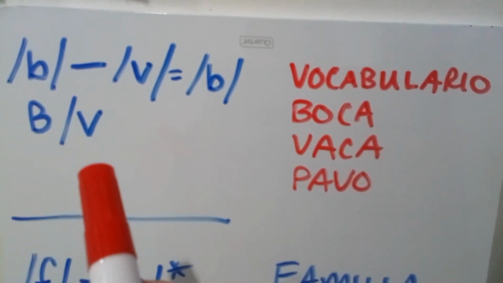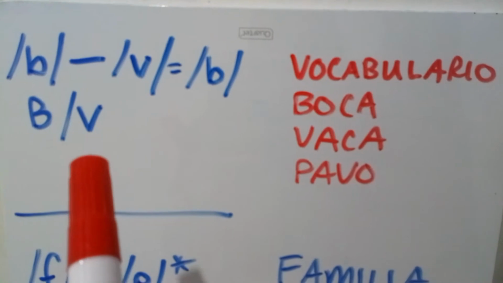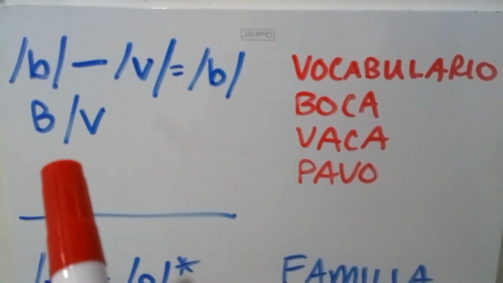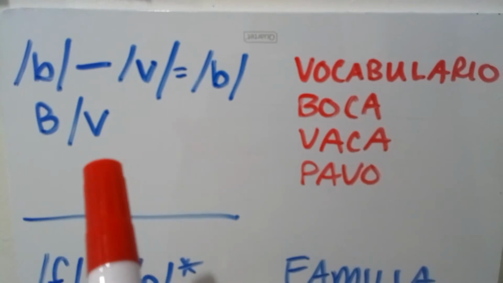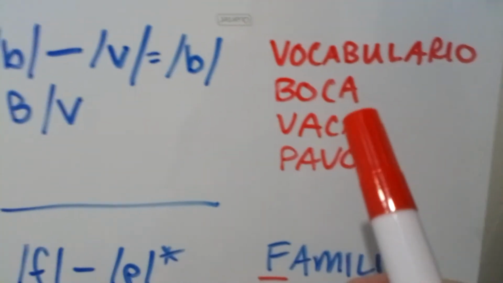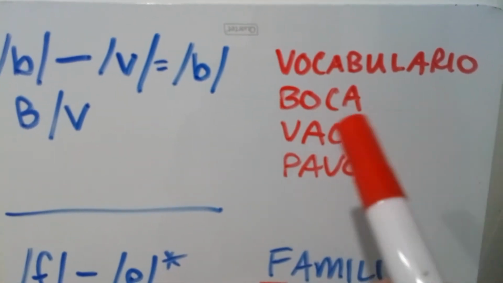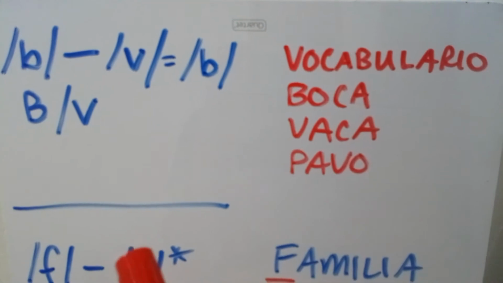There's be and there's ube, the two letters in Spanish. They make similar sounds, but different sounds depending on the position in standard Spanish. Now, in Philippine Spanish, these two sounds are the same, ba and ba. Observe: vocabulario, boca, vaca, pavo, right? They're all the same sounds.